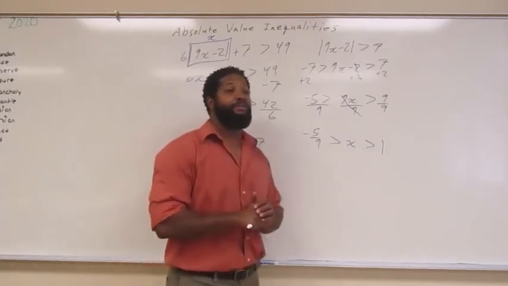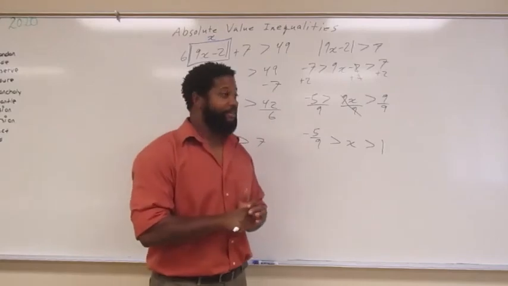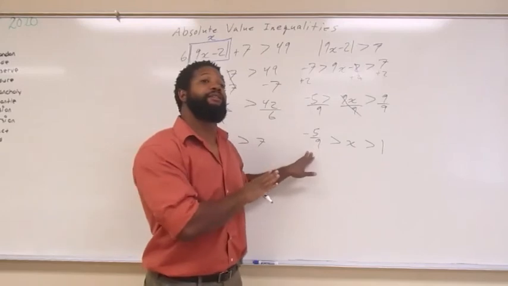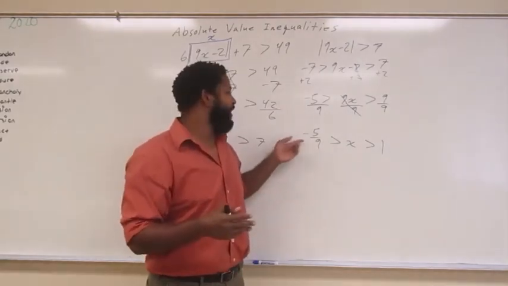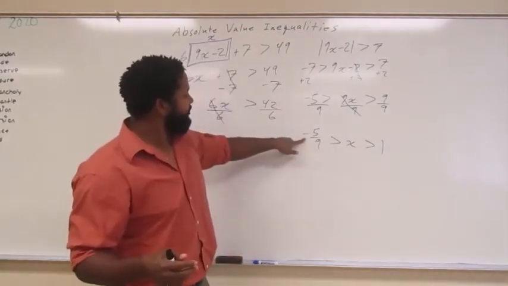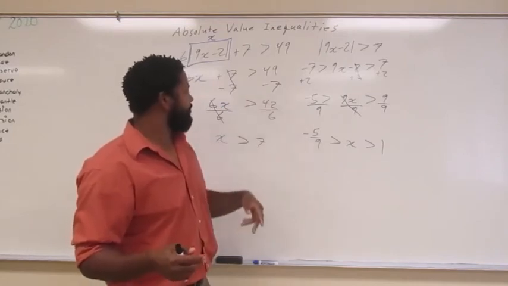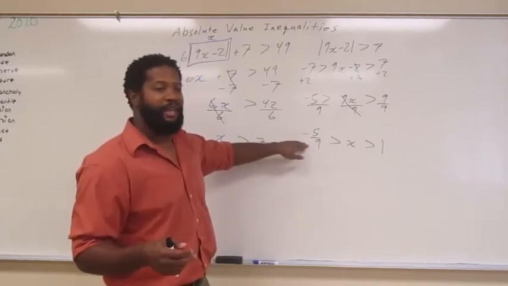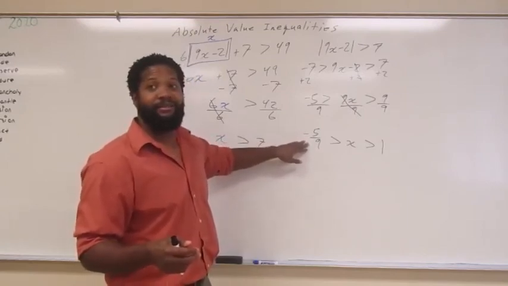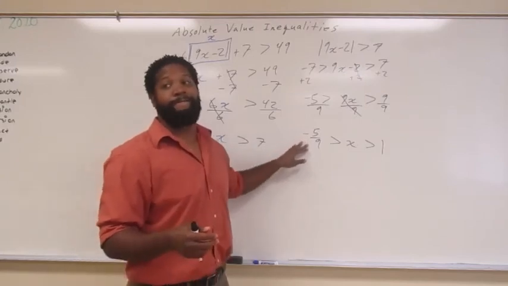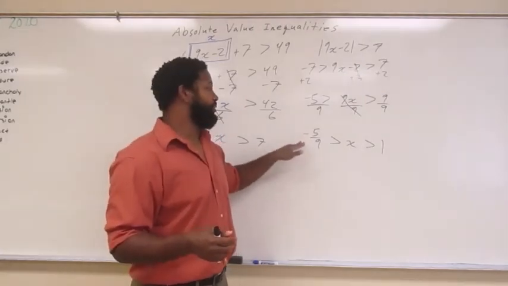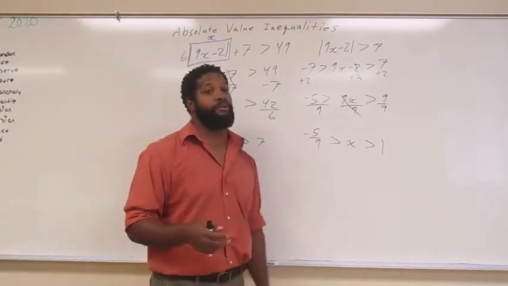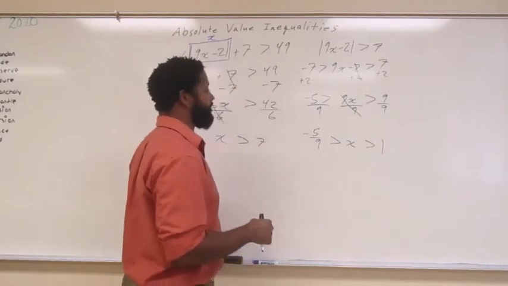Even though the fraction is correct, if I see your answer being negative 10 over 18 right here and not 5 over 9, it will be marked wrong. I shouldn't have to tell y'all to simplify.